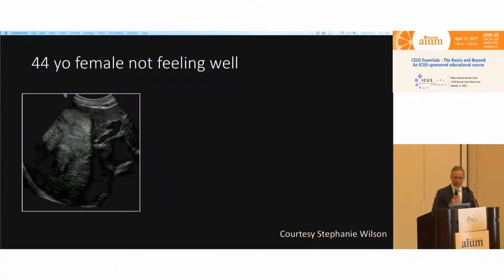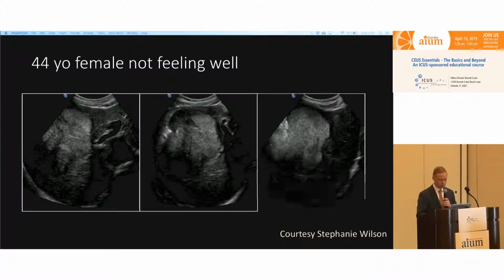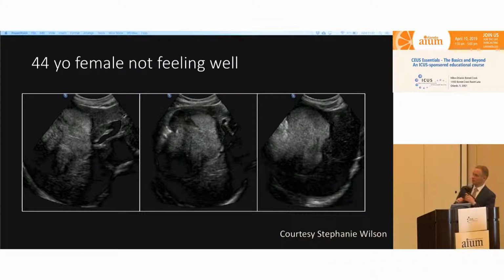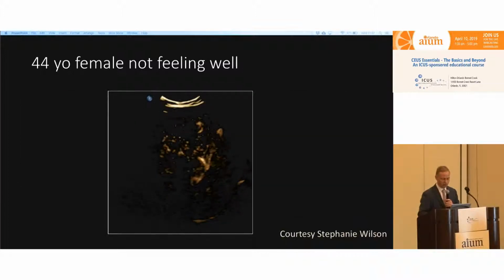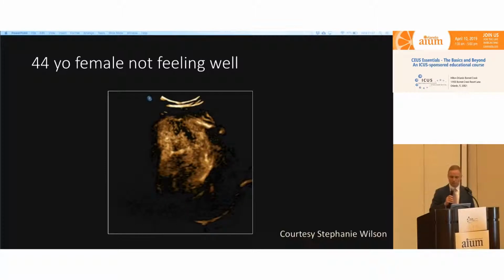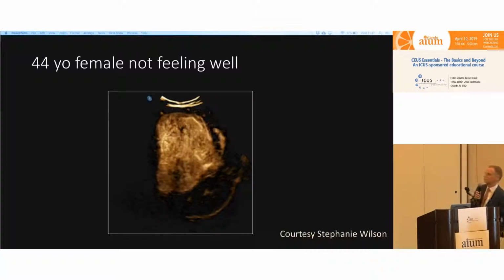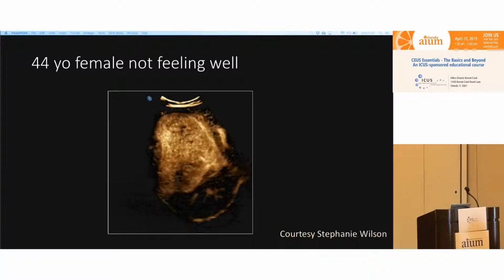All right, 44-year-old female not feeling well with something that looks like this in her liver that doesn't look right. So it's a combination of not feeling well and not looking right together. All right, arterial phase hyperenhancement of this thing that is not looking right in the liver.